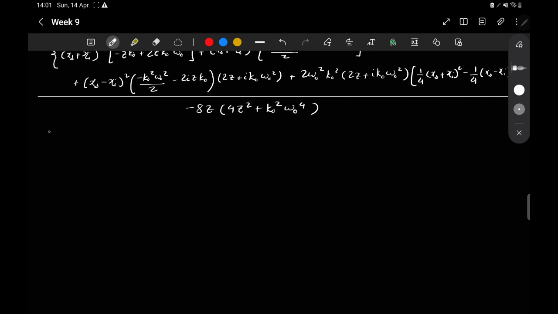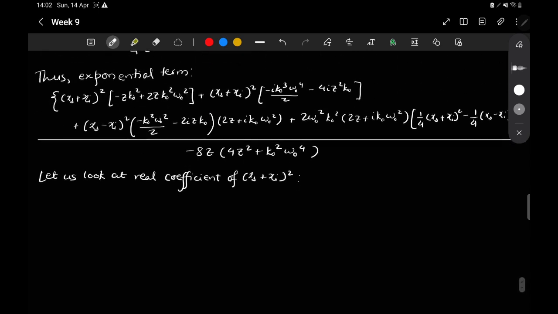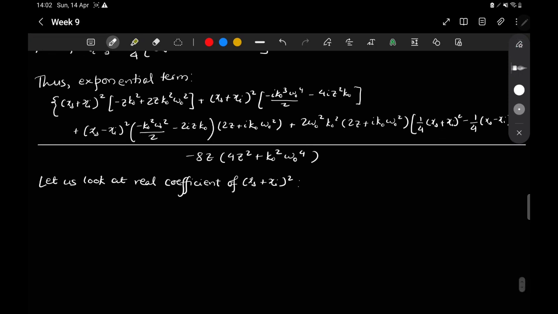Let us look at the real coefficient. So the real coefficient of xs plus xi squared, let me highlight.